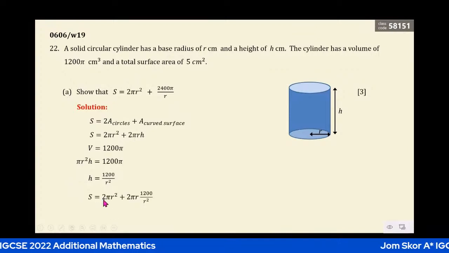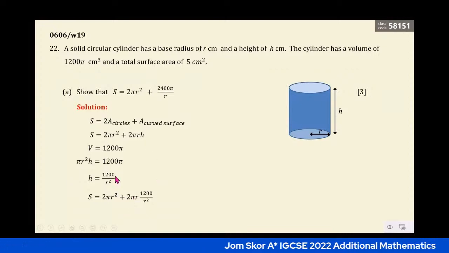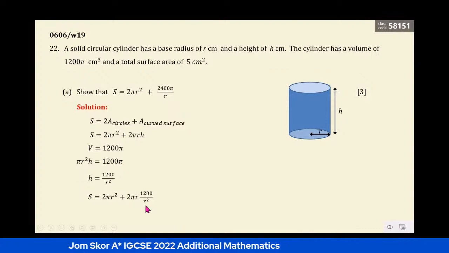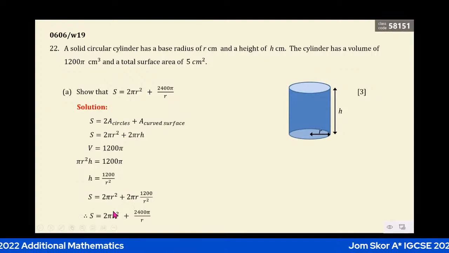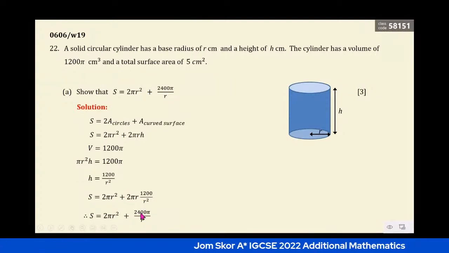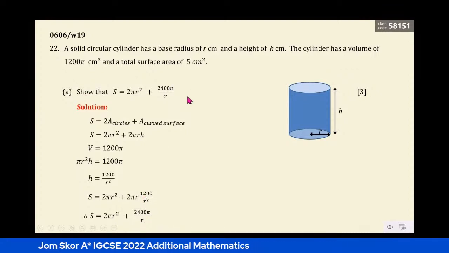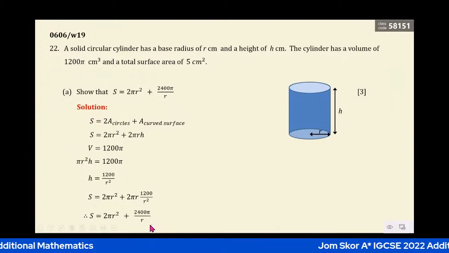So S is equal to 2 pi r square plus 2 pi r times your h, which is 1200 over r square. Okay, simplify this r and this r, 1 r here. So therefore you will get 2 pi r square plus 2400 pi over r, as shown, as what the question asks you to do.